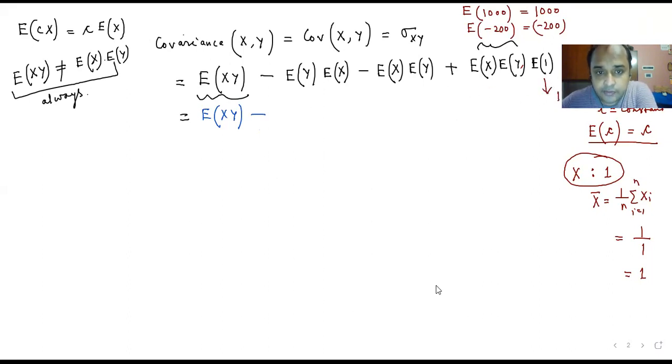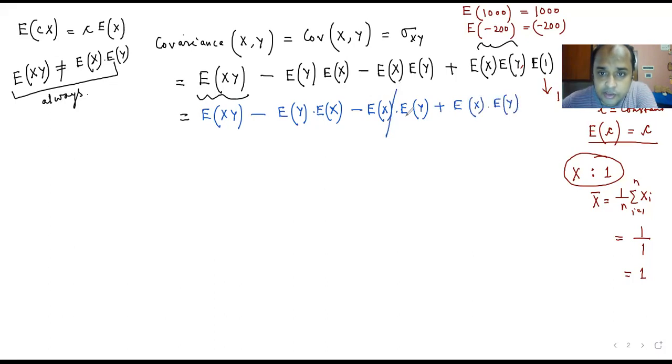And thus from this step we get that this is equal to expectation of XY minus expectation of XY into expectation of X minus expectation of X into expectation of Y plus expectation of X into expectation of Y. And these two will cancel each other.